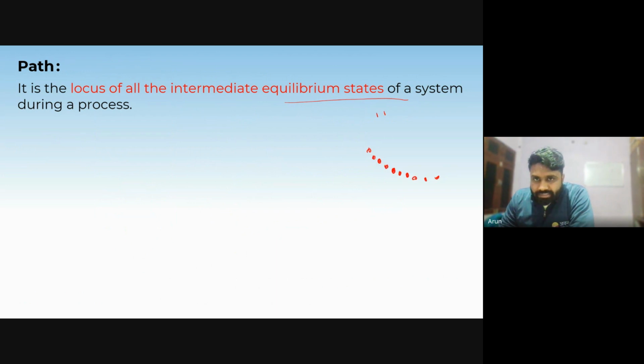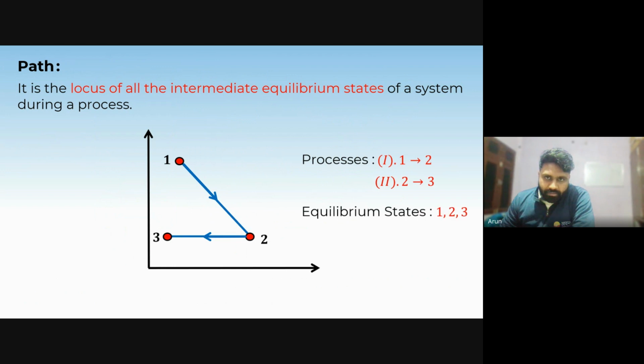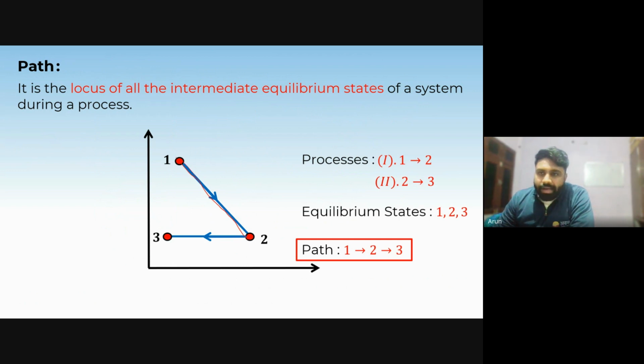So these are the basic terminologies that we need to describe thermodynamics. So in achieving the process from 1 to 2, 2 to 3, we have moved a system from state 1 to state 2 and then state 2 to state 3. So here the path is 1, 2 and 3. This arrow describes in which direction we are moving.